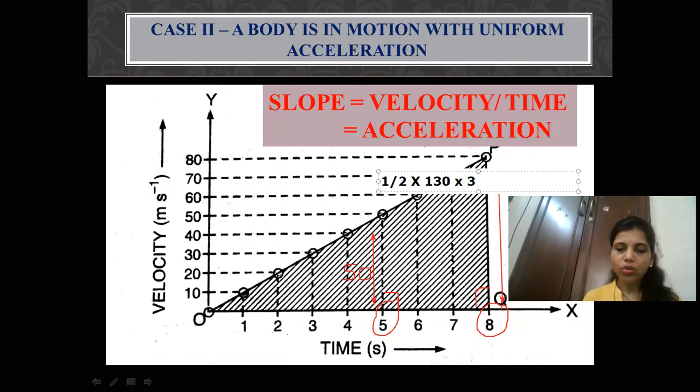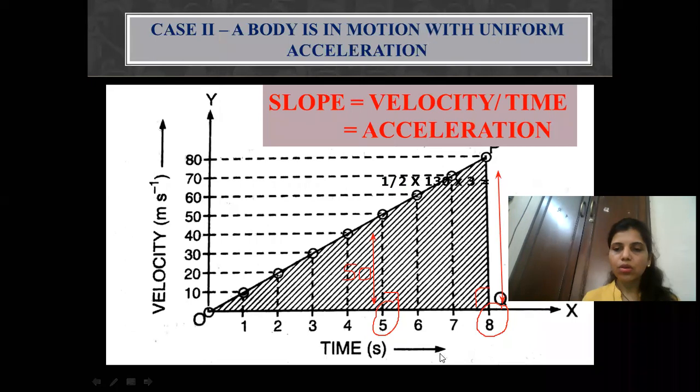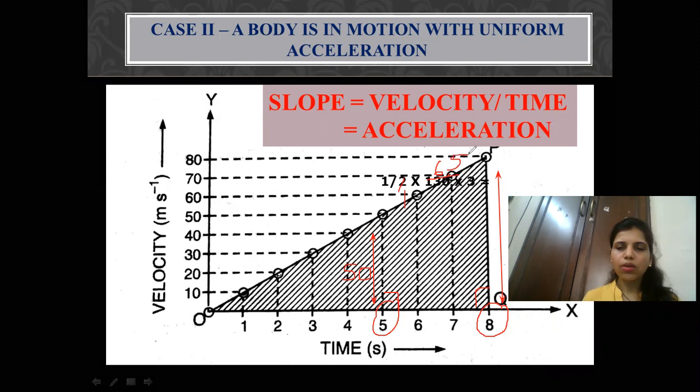So when I calculate, when I cut this particular 2 with the 130, you can see 2 ones are 2 and 2 6s are 12, 1 carry over, 2 5s are 10. Okay, so 65 into 3.